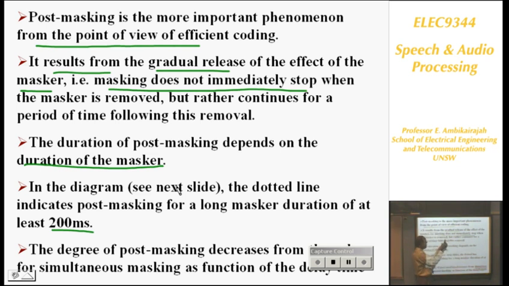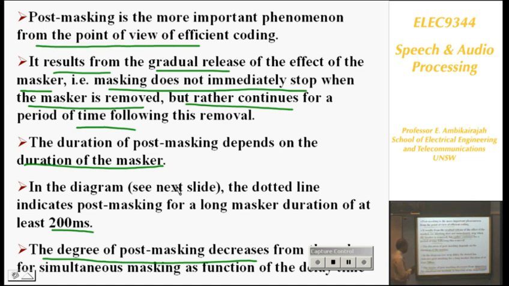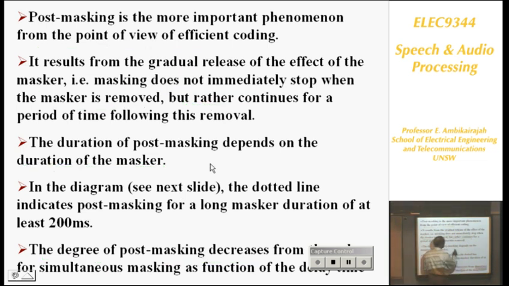As soon as you remove it, its effect is still there and continues. The degree of post-masking decreases from the simultaneous masking as a function of decay. But let's look at that in the next slide.